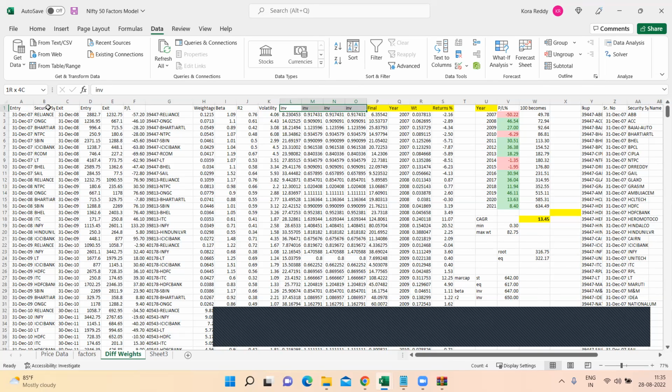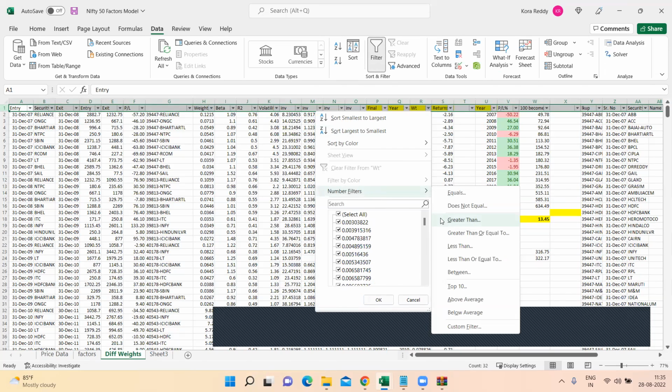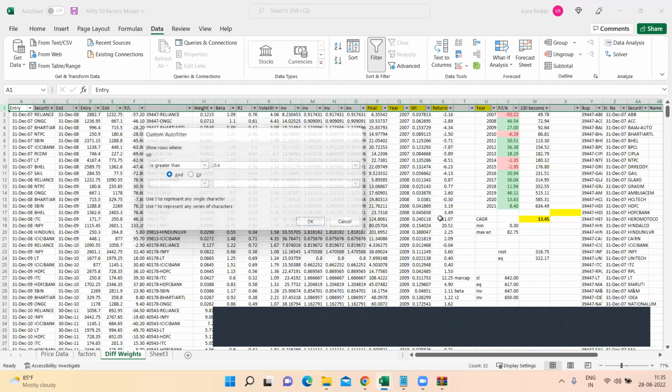That's a downside of this model. We'll just see where it has gone. Berkshire weight, I would say 0.5, greater than 0.4.